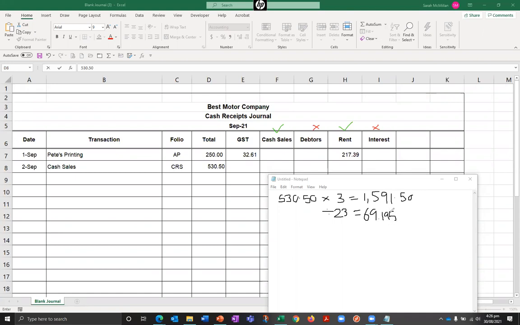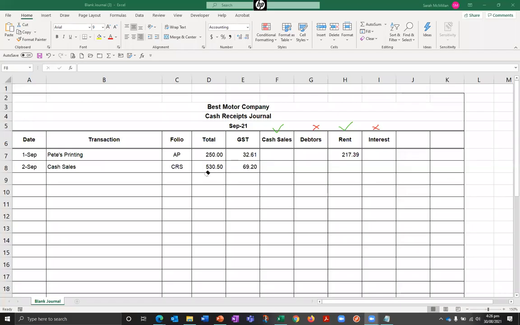So that's because the 5 is there, and the third number we need to change these. So that becomes $69.20 in GST. So now we take $530.50 and we subtract $69.20, and what we are left with is $461.30, and that gets written into cash sales.